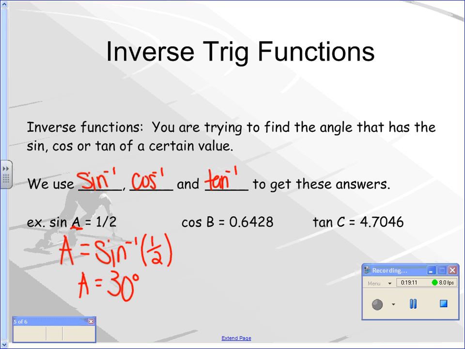Okay, for B, what am I going to write? Cosine inverse, not plus. That's okay. You can have part of an angle.